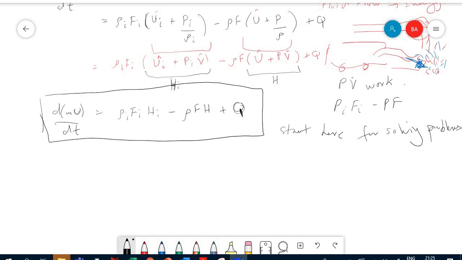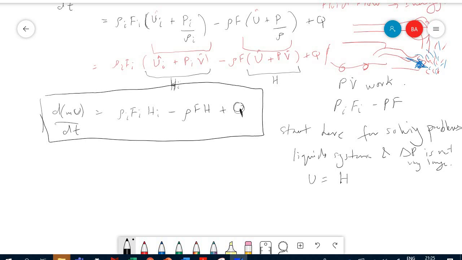Because kinetic energy negligible and potential energy negligible is always applicable. And actually, if we have liquid systems and delta P is not very large, and usually this is the case, we can simply say that U is equal to H, enthalpy. Wow, what a beautiful term.